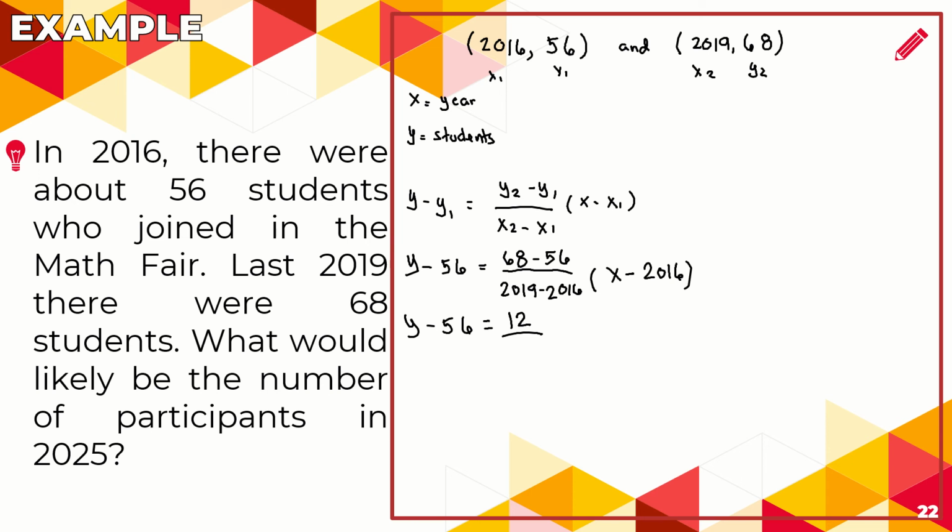What is the answer? Correct. It is 3. Multiplied by the quantity of x minus 2016. Let's continue our solution. y minus 56, and the lowest term of 12 over 3 is 4, multiplied by the quantity of x minus 2016.